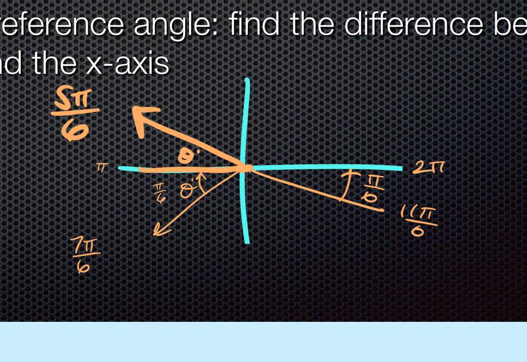So all the over 6s, all the over 4s, and all the over 3s, the reference angle is literally pi over that. If it's something other than that, if it said 5 pi over 7, now you have to figure out what quadrant that is in and what's the distance to the x-axis from there.